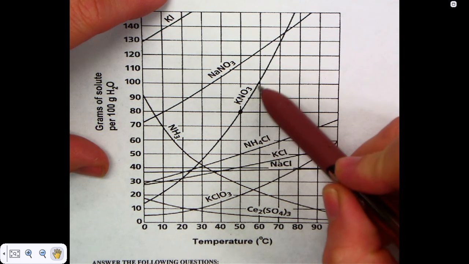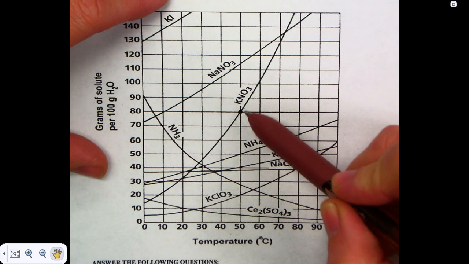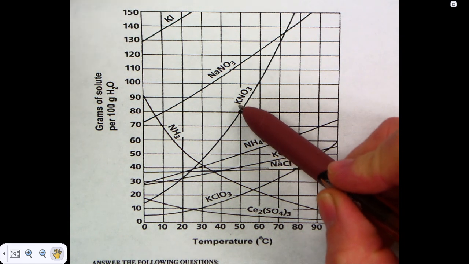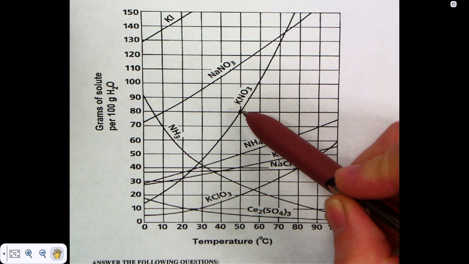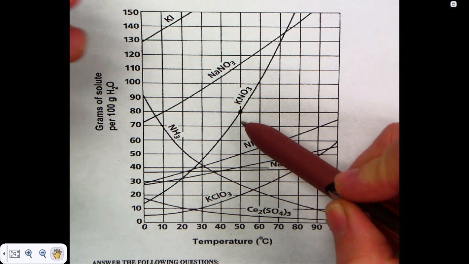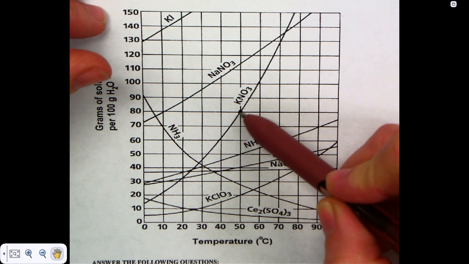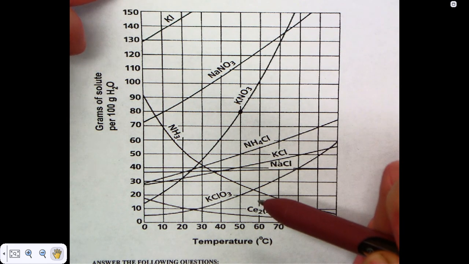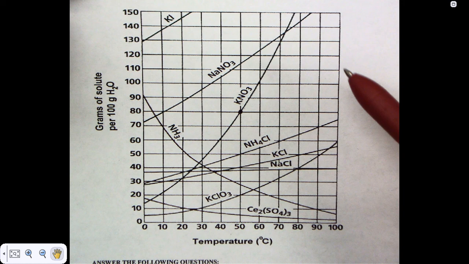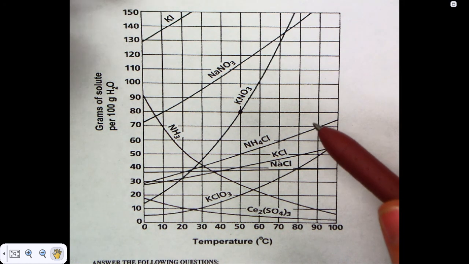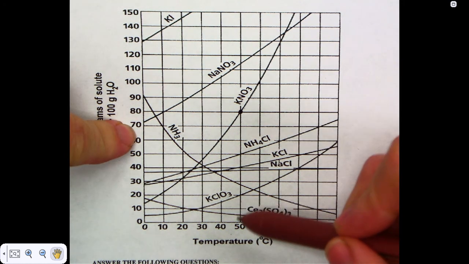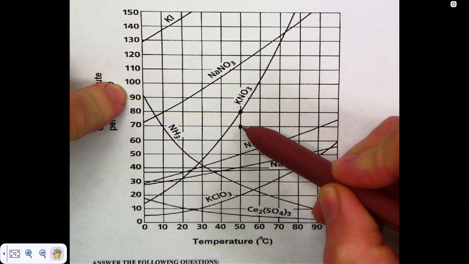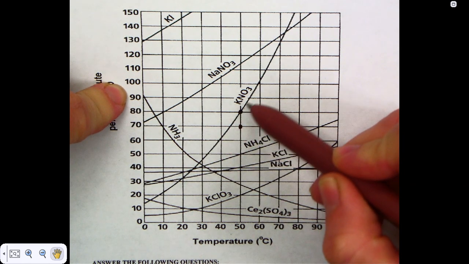It is just like this thin line. If I were to put 81 grams, it would no longer be saturated because it would now be more than the solvent can accept. 79 grams would be not enough. So it's just this exact line as I go up my graph. An unsaturated solution contains less than the maximum amount that can possibly dissolve. For example, if I only had 70 grams of KNO3 at 50, notice how my data point is lying below my line.